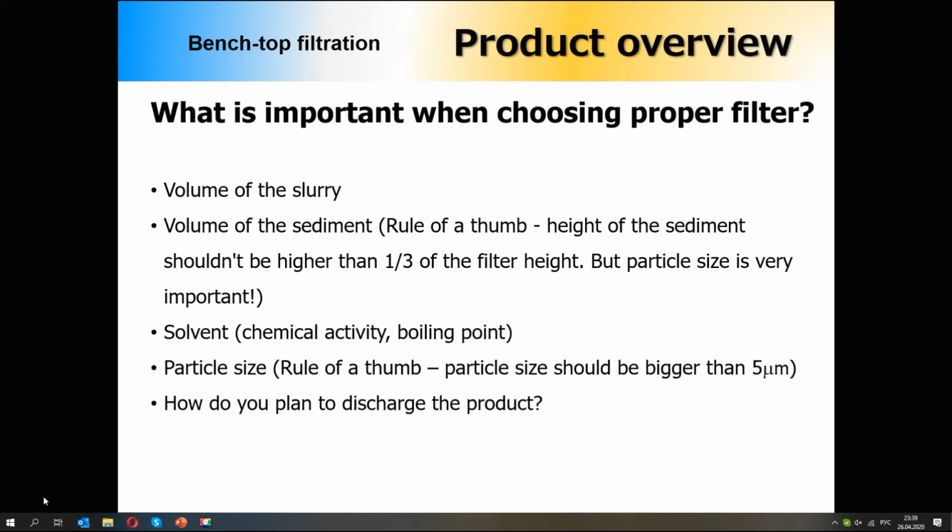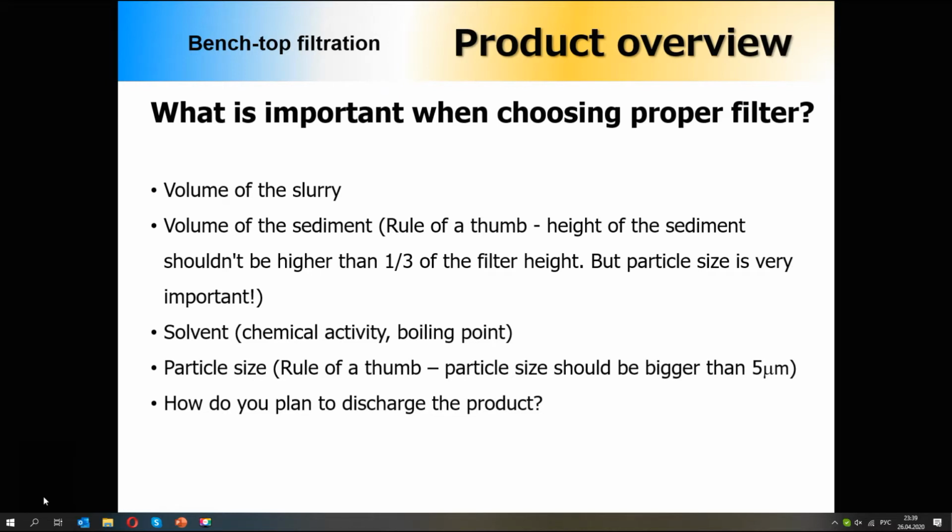When it swells, the size of the pores gets smaller, and so the filtration process slows down. So it is important to always keep in mind the chemical activity of the solvent and of the compound.